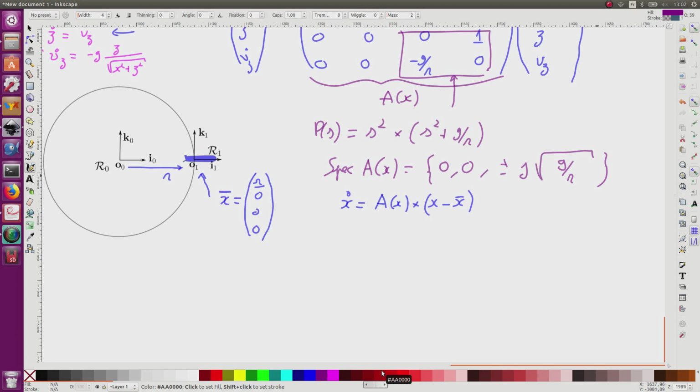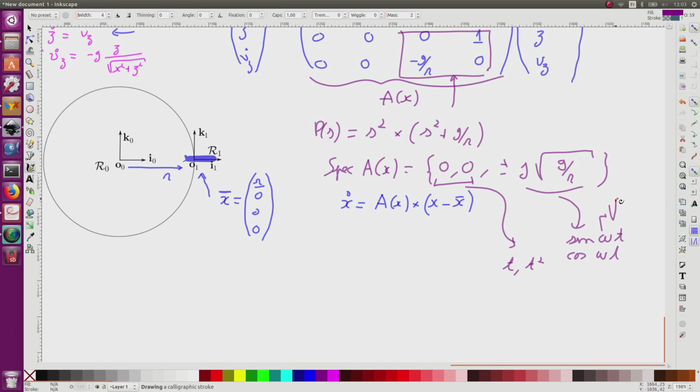The solution of this differential equation will be a polynomial, so something like, due to this and this, I will get some polynomial in t and t squared, and this one will correspond to some sine and cosine of omega t, where omega corresponds to the square root of g divided by r.